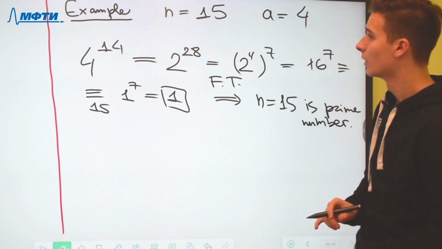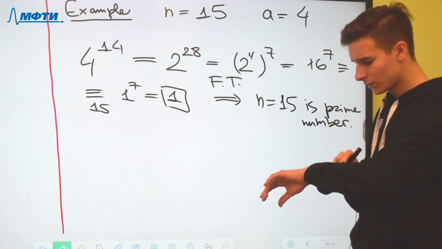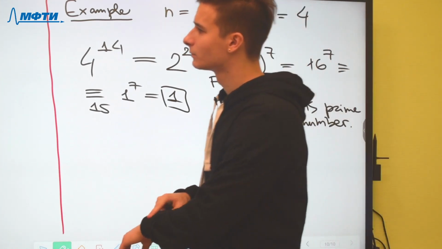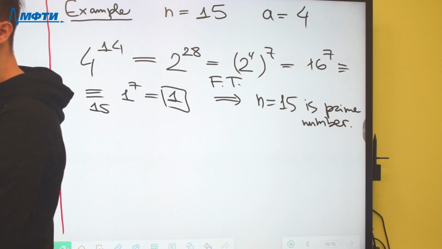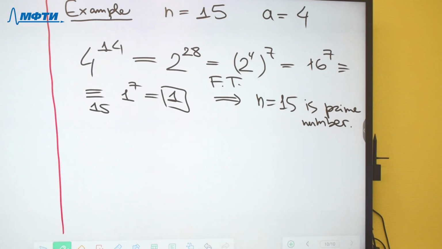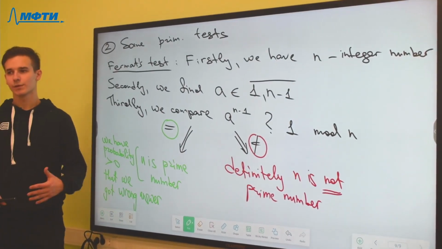A cannot be 1, because if a is 1, it also fails the test. We need to say something about n, that it is a prime number or not.